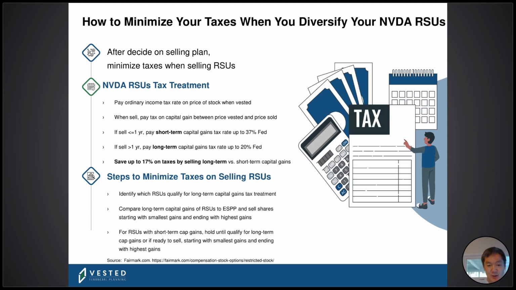Okay? So the specific steps to minimize your taxes when you sell your RSUs. First, look at all your RSUs, figure out which ones qualify for long-term cap gains. And then you want to compare the long-term capital gains of your RSUs to the ESPP that have long-term capital gains, right? And then sell the shares that have the smallest gain, because that's going to minimize your taxes.